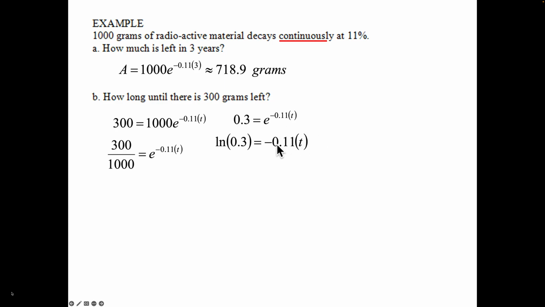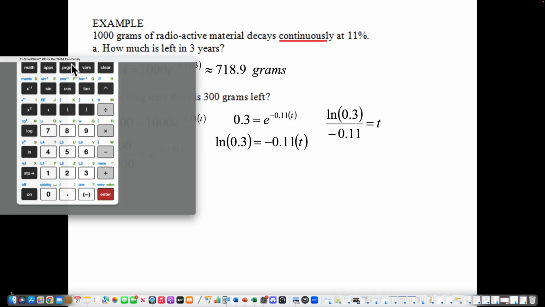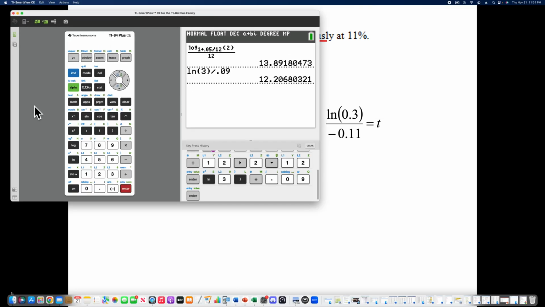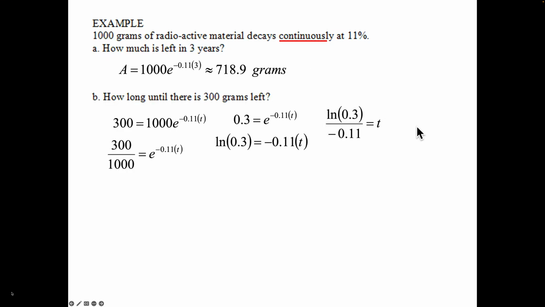So let's divide over 0.11 to get t by itself. We'll go to the calculator here. ln of 0.3 divided by negative 0.11. Enter. 10.95 years, or approximately 11 years.